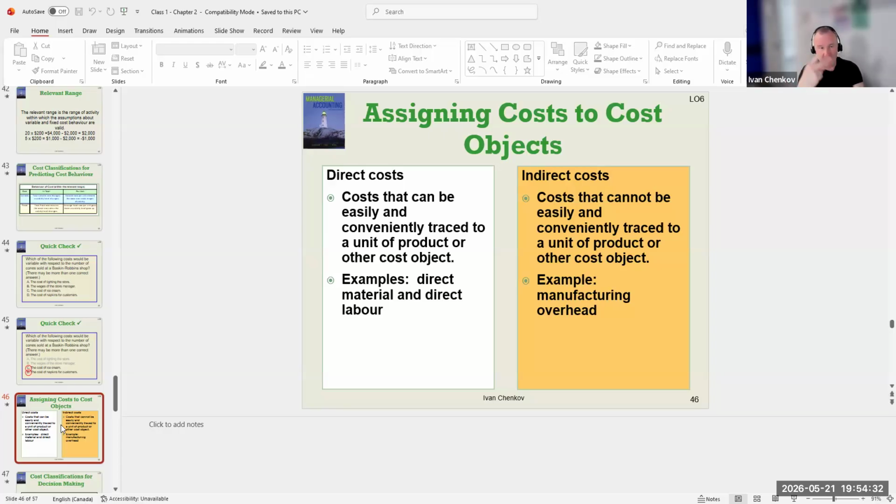Examples for direct cost will be only two, I'm sorry, there are no other examples: direct material and direct labor. Why? Because they have the adjective direct in front of the cost. End of the story. Indirect cost: anything that doesn't have the adjective direct is indirect cost. Then we're going to have indirect material, indirect labor, manufacturing overhead, and all the other things that will be indirect cost.